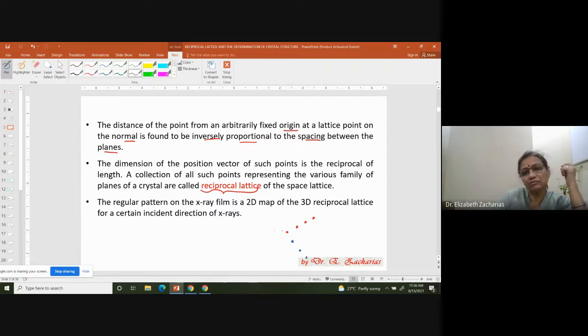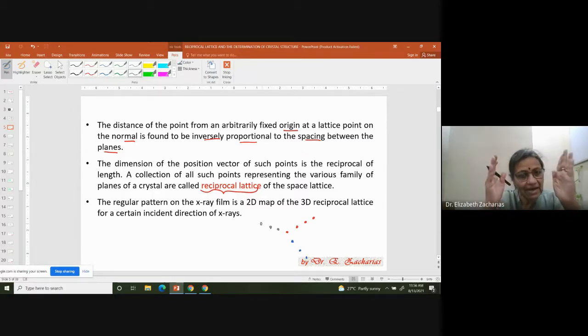From another set of parallel families, you may get dots like this. So you will get a group of such dots which form a pattern. A collection of these dots is called the reciprocal lattice.